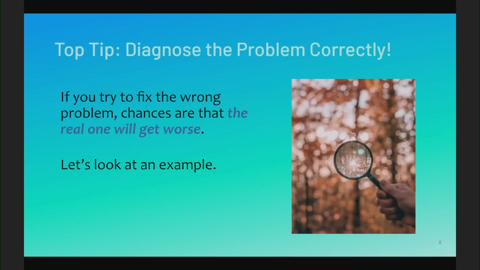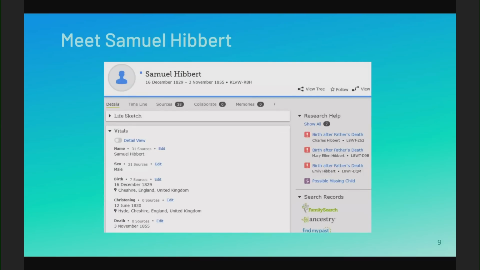Another thing that I found is so critical in fixing these sticky problems is diagnosing the problem correctly. If we try to fix the wrong problem, chances are that the real one will get worse. And I've seen that over and over again. Here's an example that will explain this. I'd like to introduce you to Samuel Hibbert. Poor Samuel has errors on his page.